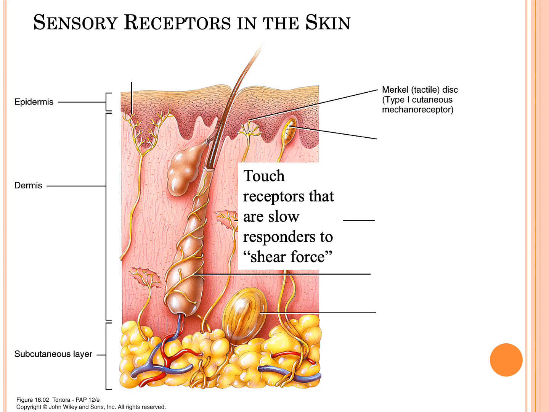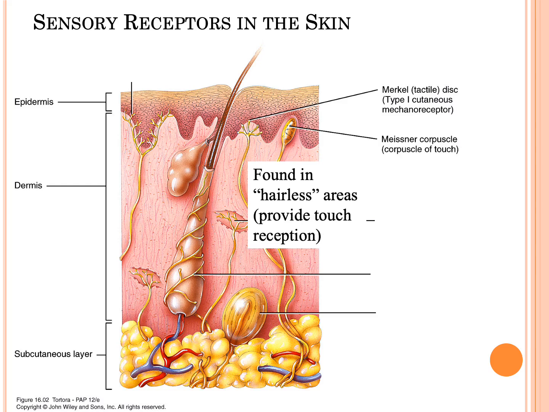That is force going across the epidermis. It's telling us what direction the epidermis is sliding relative to the dermis itself. And so as we take our hand and glide it across the tabletop, our ability to understand that friction is coming from the Merkel discs, or the tactile discs.